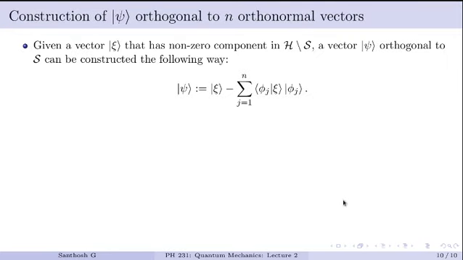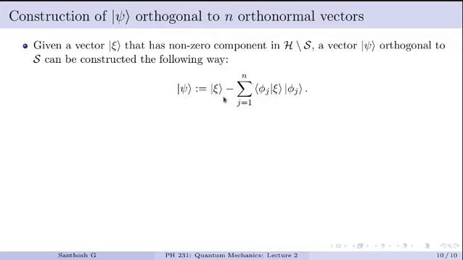The next question is the construction of a vector psi that is orthogonal to the space of n lowest eigenvalues of the Hamiltonian. And this can be constructed in the following way. We start with a vector chi and then construct a new vector psi using this formula.